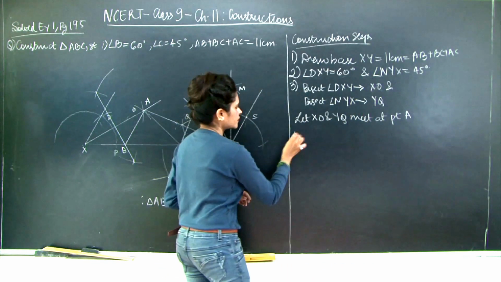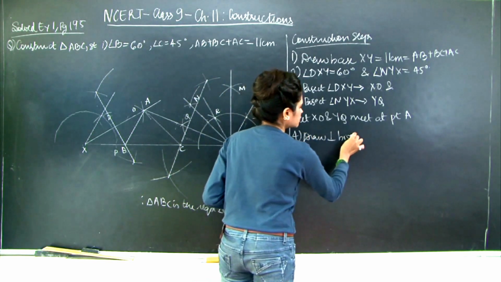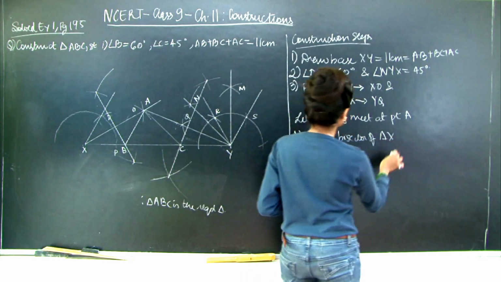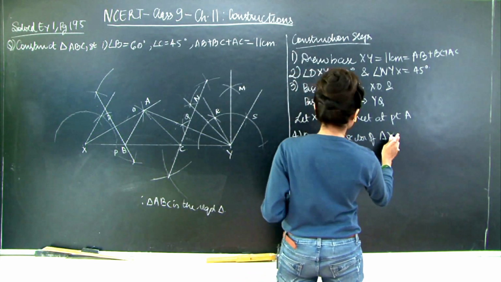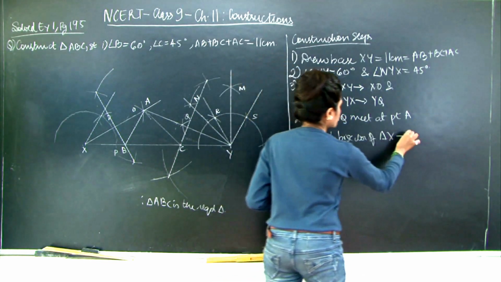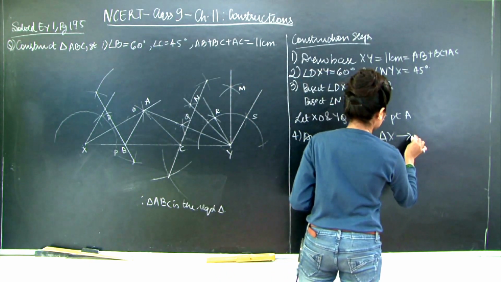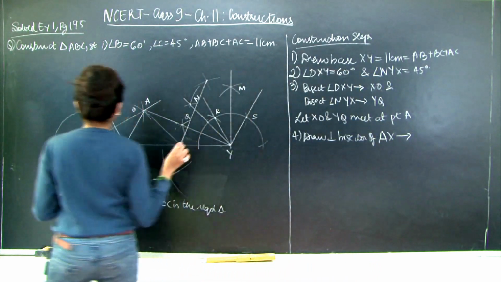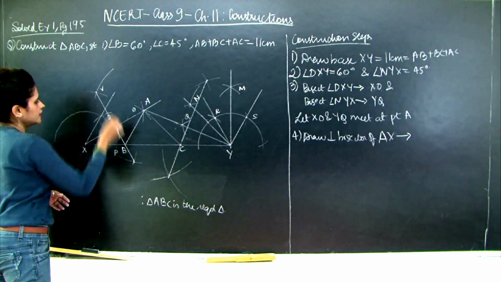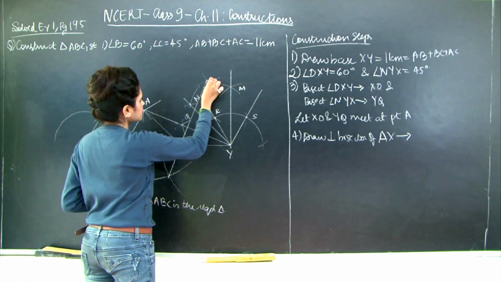Right? Now draw perpendicular bisector of AX. And you will call this perpendicular bisector as, so we haven't marked the perpendicular bisectors. Let's mark the perpendicular bisectors as VW, and this perpendicular bisector as ZT.